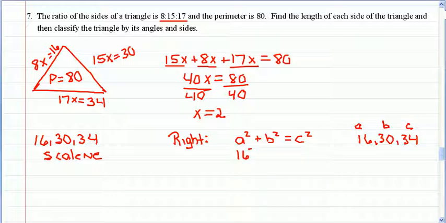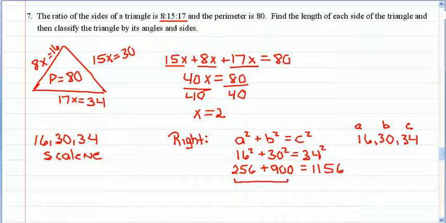And if we substitute the numbers in, 16 squared is 256, 30 squared is 900, 34 squared is 1156, and if we add 256 and 900, we get 1156. So since the two sides match, we know that this triangle is also a right triangle.